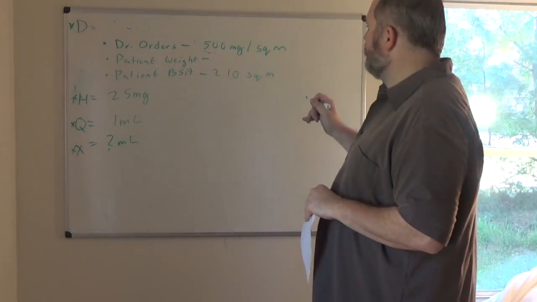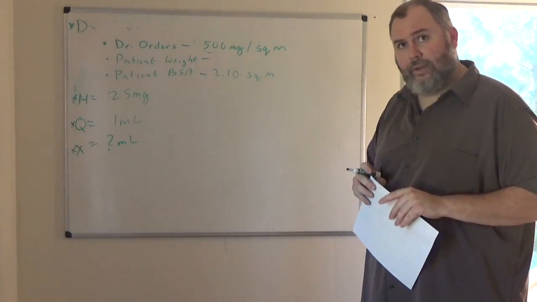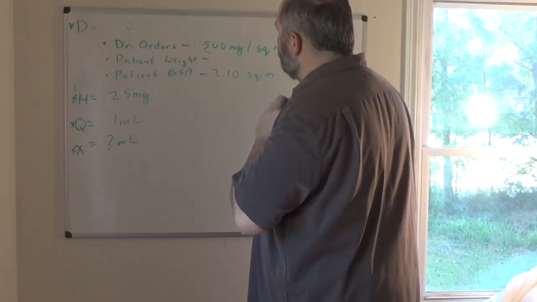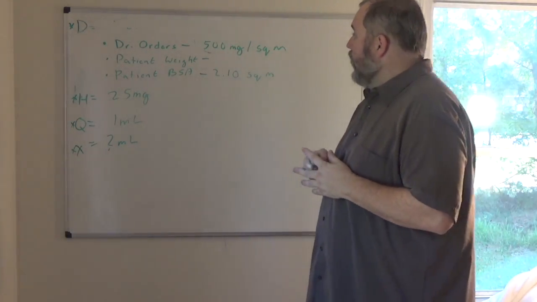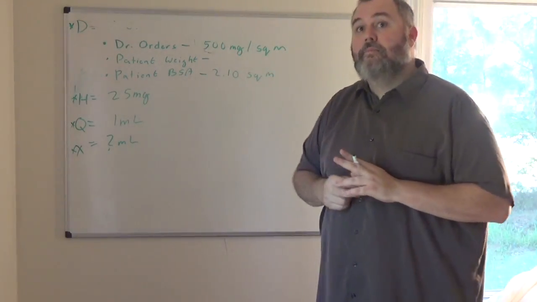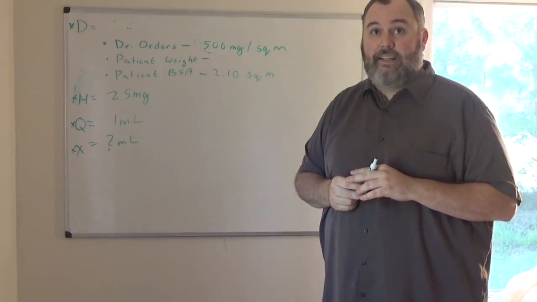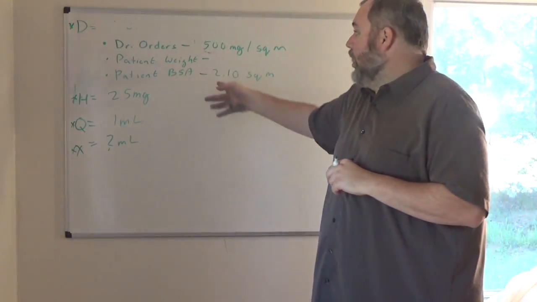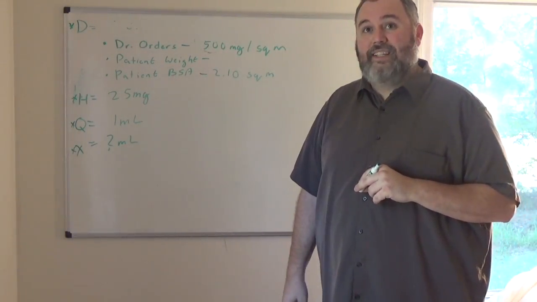All right, now, we got something going on that we haven't been doing before. First off, let's see what do we know? We know that the doctor is saying that for every square meter of a patient, we need to give them 500 milligrams. All right, so we also know that that patient is 2.10.